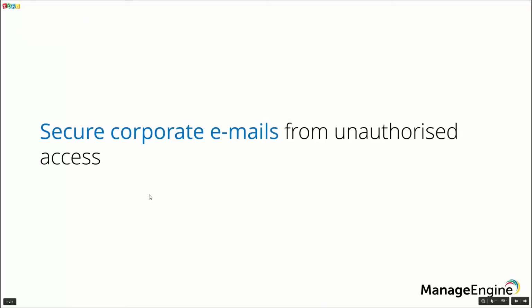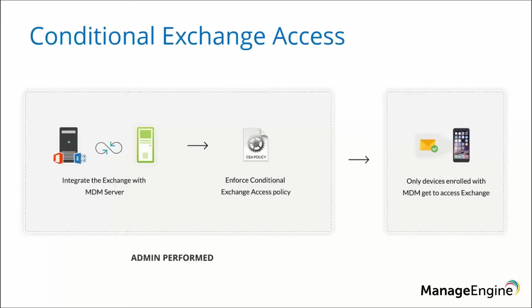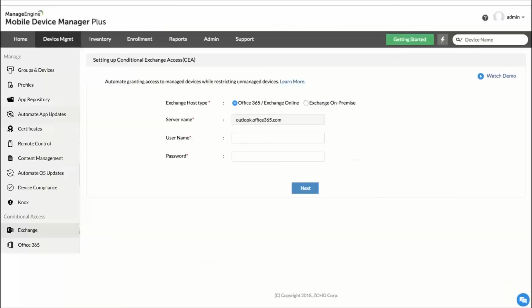Now for emails, we offer conditional email policies in order to secure your corporate email access on unmanaged applications or unmanaged devices. You can go to the device management section and configure the Exchange policy like this.